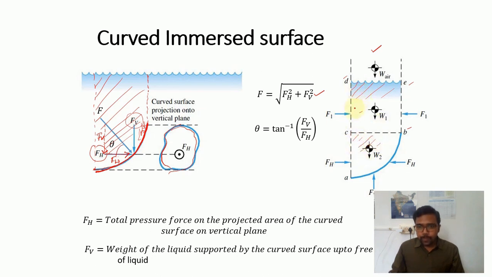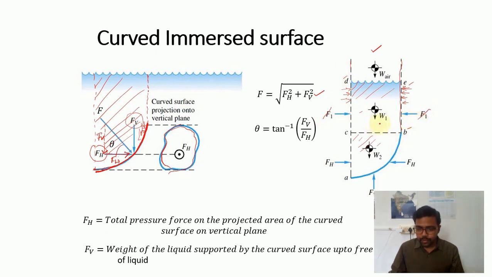Suppose you look at the pressure force: some horizontal component will come here and some horizontal component force will come here also. It is due to which law? Hydrostatic law, Pascal's law. If you apply these, the forces on these two vertical sides will be equal, and these two get cancelled out.